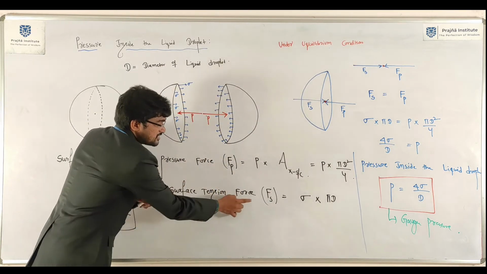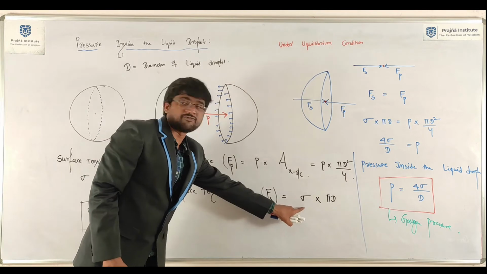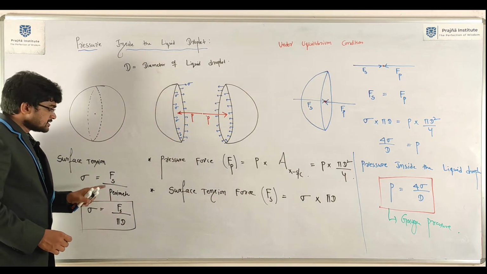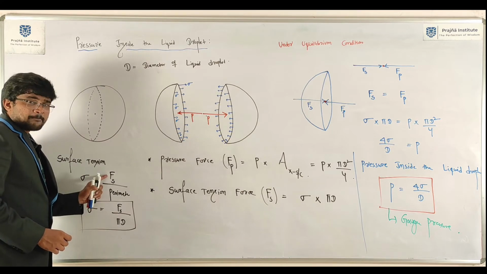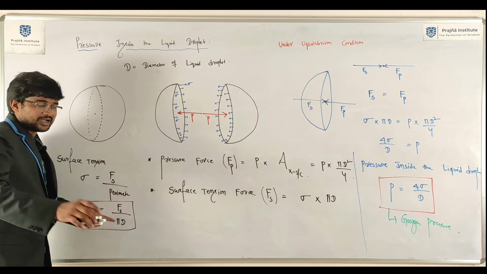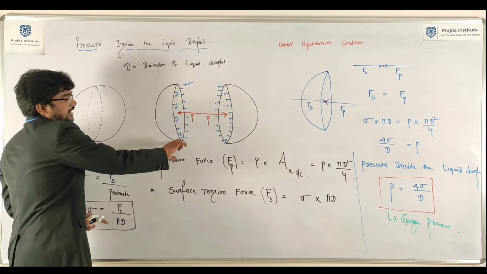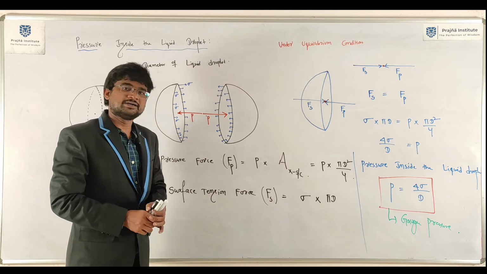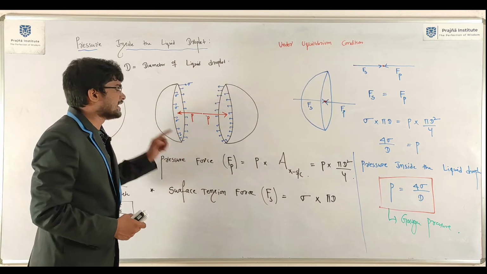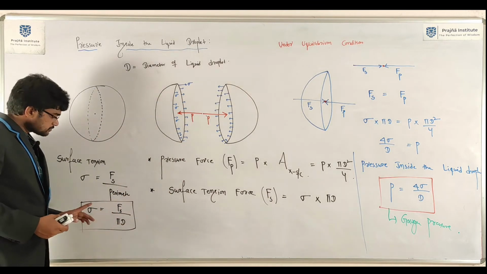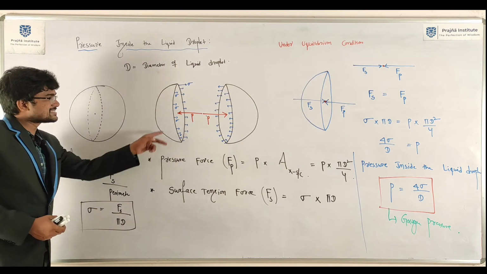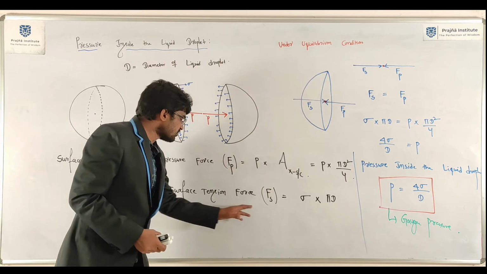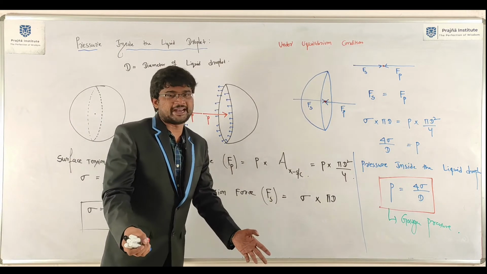How to calculate surface tension force? From the definition, surface tension is surface tension force per unit length. Surface tension acts along the periphery of the liquid droplet, so the length is the perimeter. So Fs by pi d equals sigma, and surface tension force is sigma into pi d.